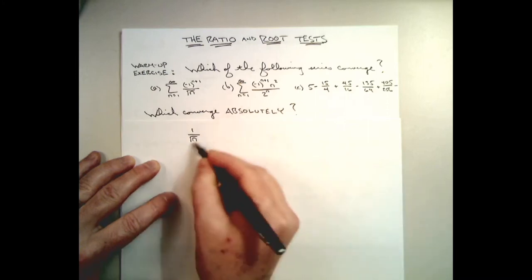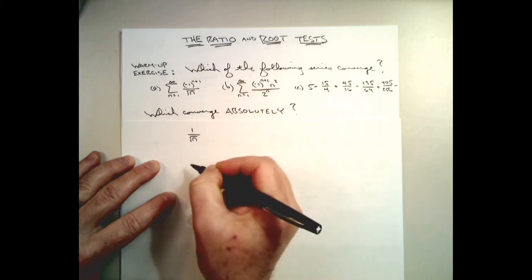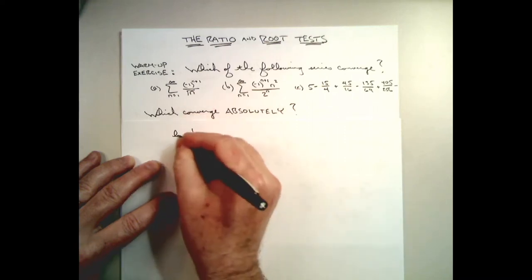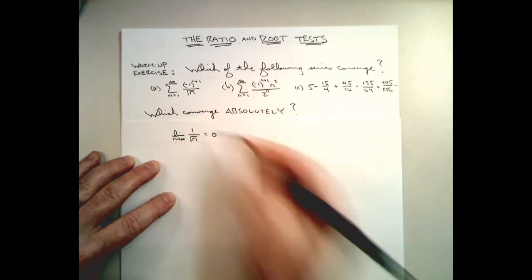Well, certainly as n gets larger, these terms decrease in value, and in fact, they decrease to 0. So if we looked at the limit of these terms, we're going to get 0.